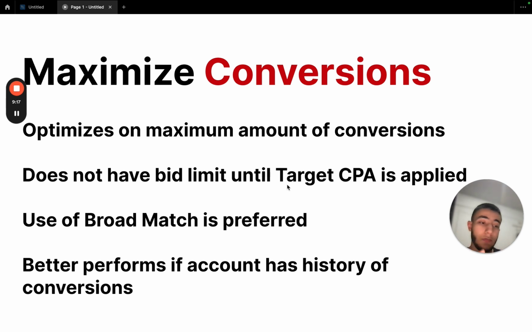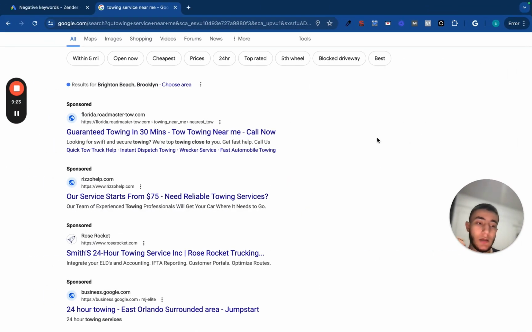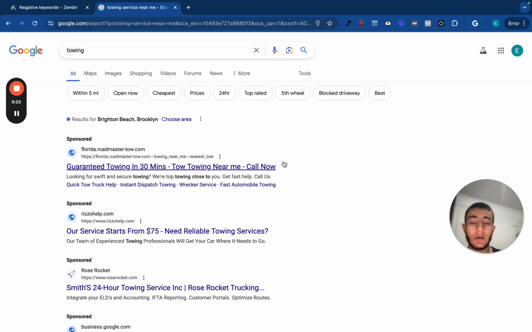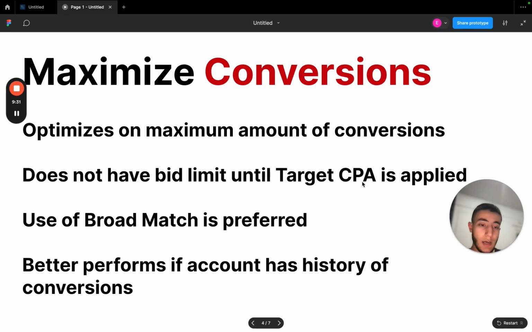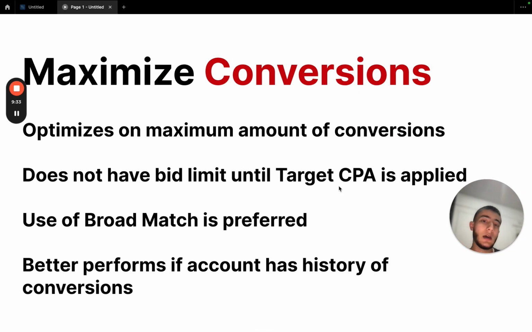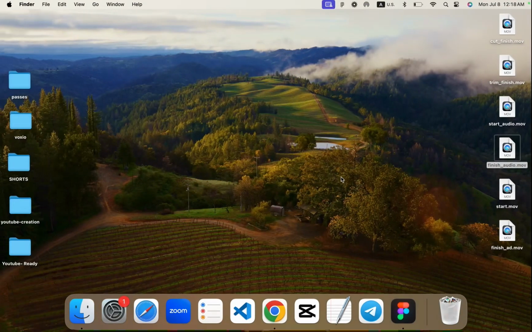So for example, if you have maximize conversions, the price of the click can go over $20 or $30, and it will not have a bid limit. But with the target CPA, you're going to have a specific number. For example, you can set the price, like let me show you here.